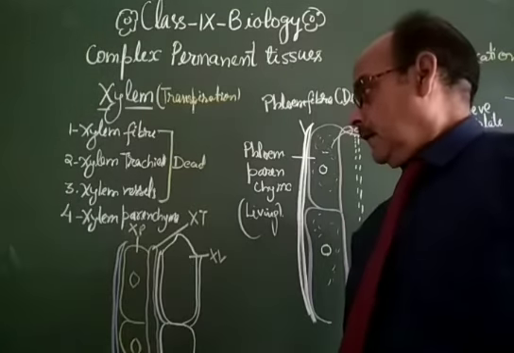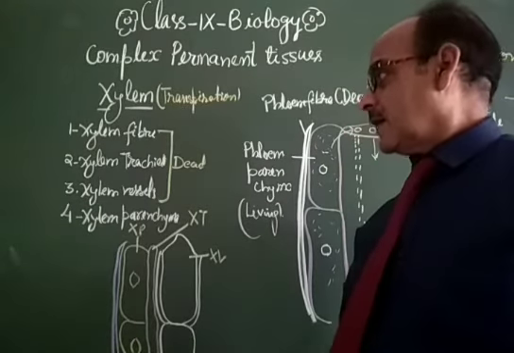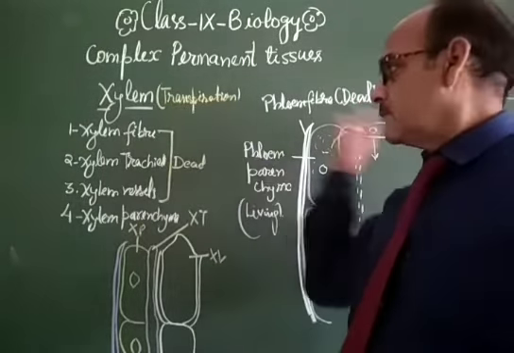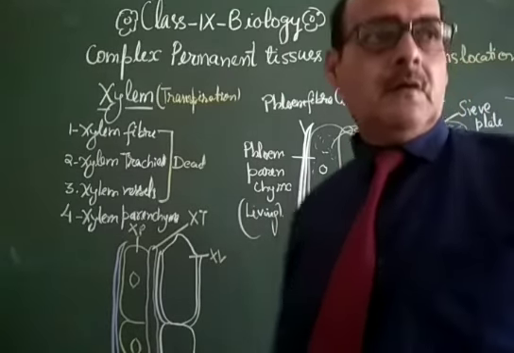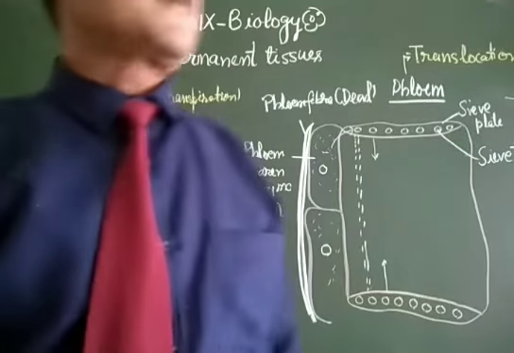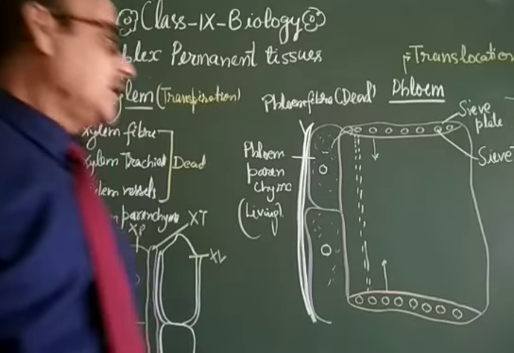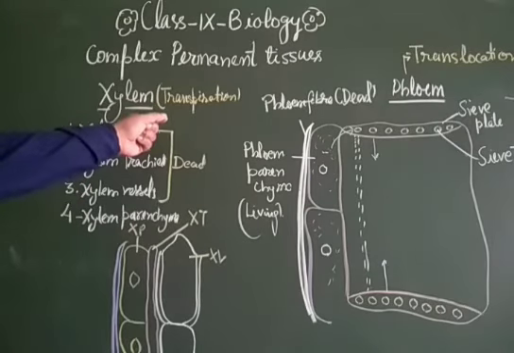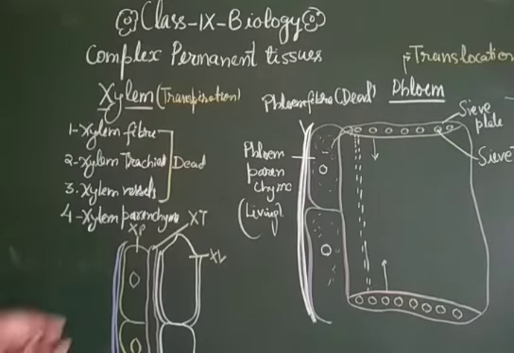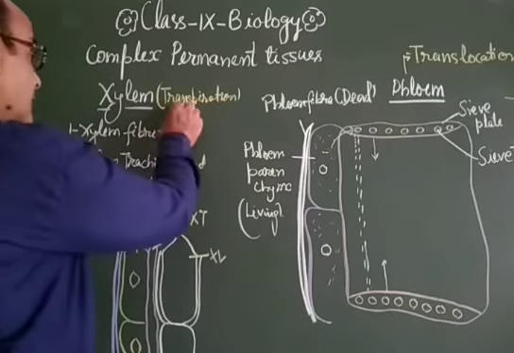And my dear students, you can learn this xylem and phloem at a glance in this video, so that your study will be convenient and you will be able to differentiate between the structural organization of the xylem and phloem, as well as the functional processes of the xylem and phloem: transpiration, and next is guttation.